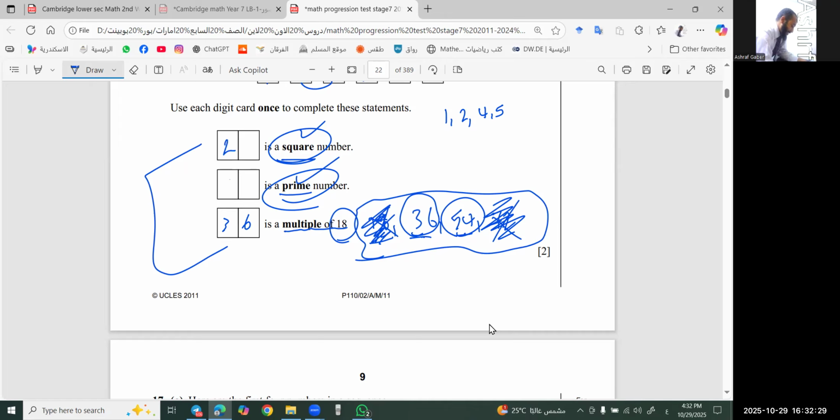This I said, Sir, I said كده. يبقى we cancel these 2 and cancel these 5. Like this. So it's correct, صح? The prime number, yes, right. يبقى this is correct برضو. هتبقى 41, yes, right. Okay.